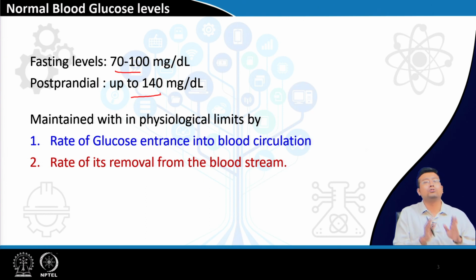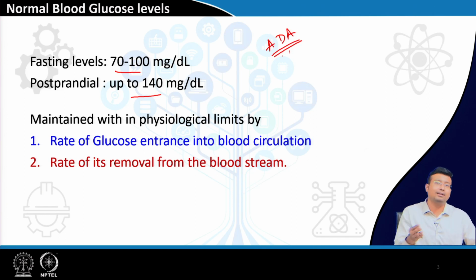Mind it, in many textbooks you might find it is up to 110 milligram per dl. We always quote ADA criteria, that is American Diabetes Association criteria, and it says 70 to 99 or 70 to 100 is the normal level, right. Over that we go into a pre-diabetic state, and we will be discussing that in the next lecture on diabetes mellitus.